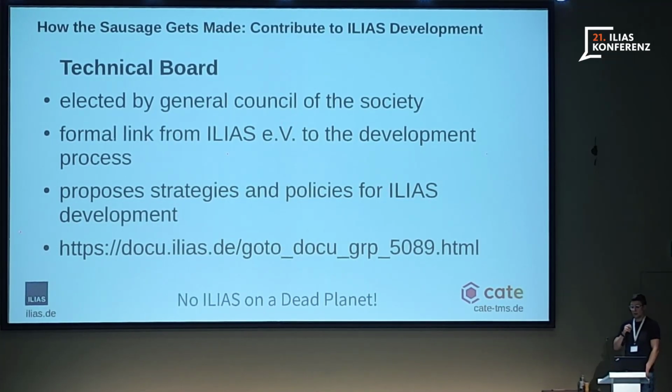We have to obey the same decision-making processes everyone else needs to obey. If you want to read up a little more about the technical board, just visit that link. We try to pin down what we've been doing, and we published a strategy that we are working based upon.